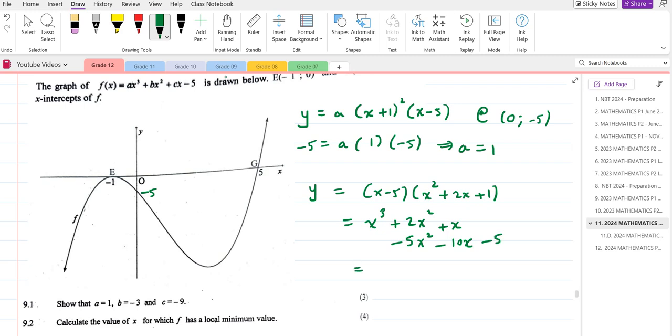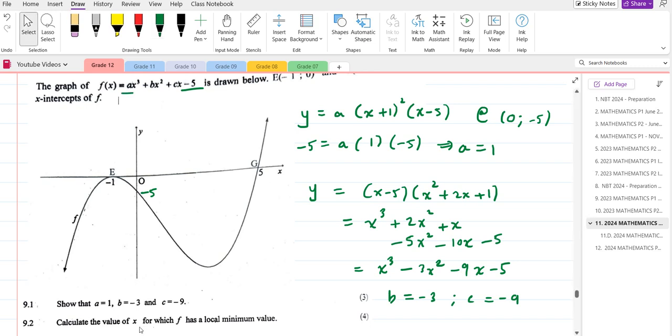Now if you add up everything, you get x cubed minus 3x squared, minus 9x minus 5. So the value of a is 1. We don't need to write down the value of a again because that's done above with the y-intercept. We proved it. a is 1, b is equal to negative 3, and c is equal to negative 9. No need to find d because that's given.